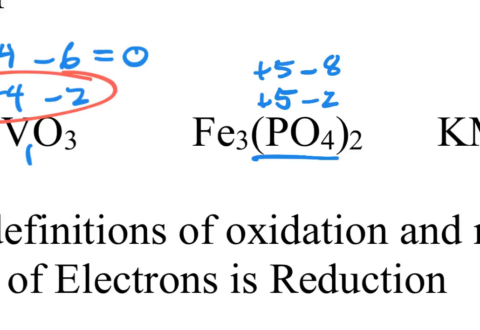And then since the PO4 is itself -3, and I have 2 of them, then what could I figure out in terms of the oxidation state of the iron? Well, I've got 3 irons, so then each individual iron must bring +2 to the party. All right, so that is a total of -6 from both PO4s. Then I have to generate a total of +6 from the 3 irons, so each iron must itself be +2.